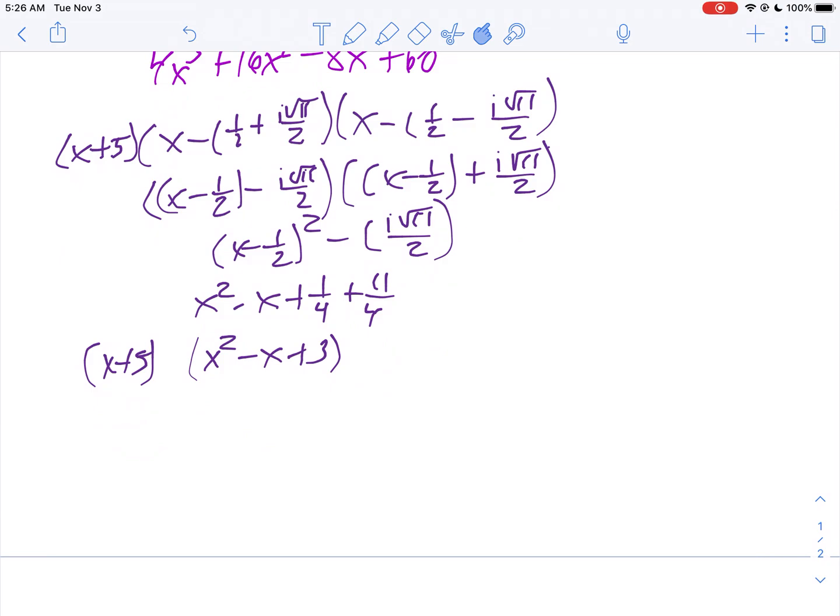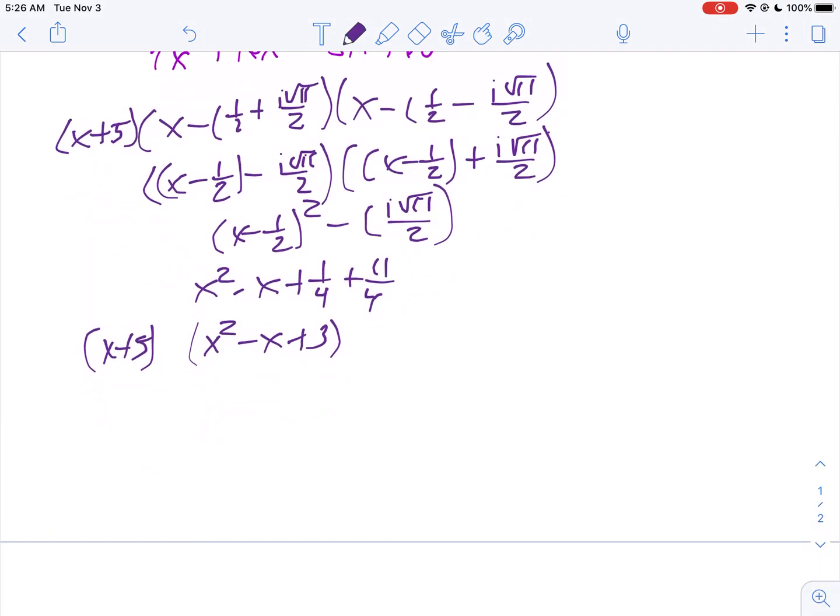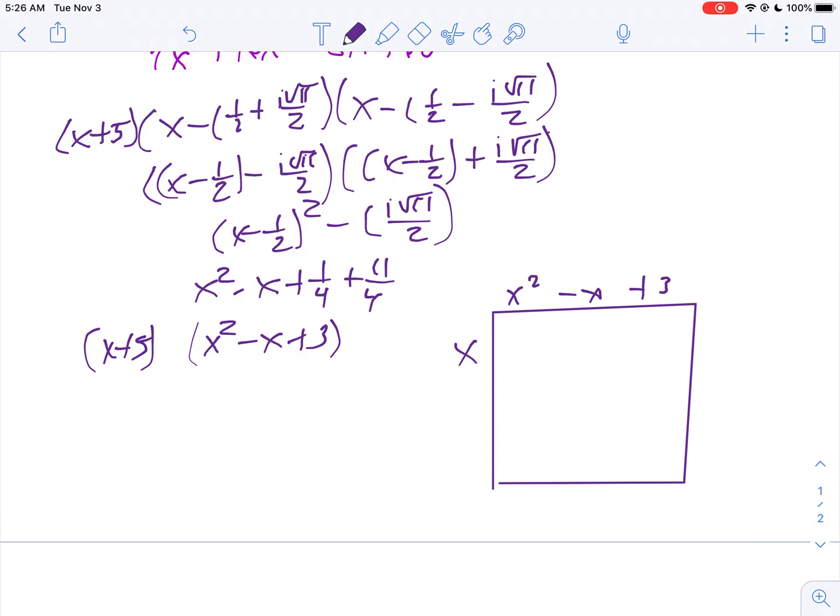I think I'm going to use the box method on this one, just because I don't want to use another piece of paper. So I'm going to say x squared minus x plus 3. I'm going to multiply that by x plus 5.